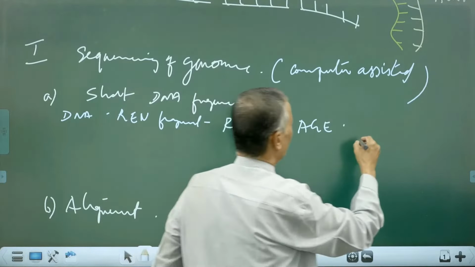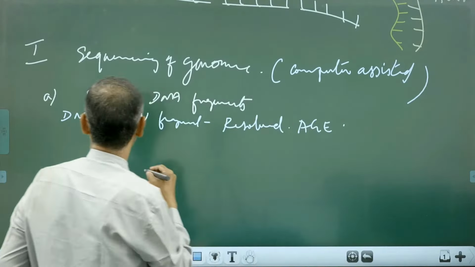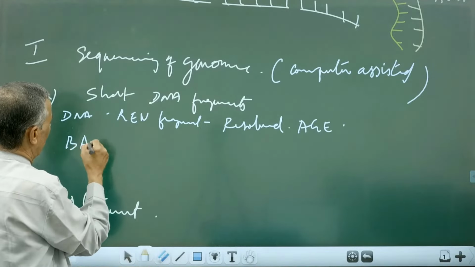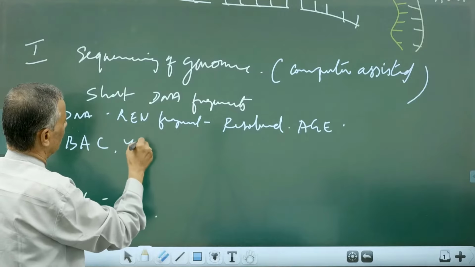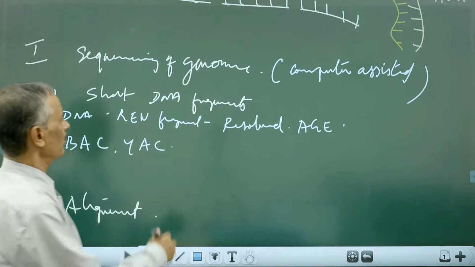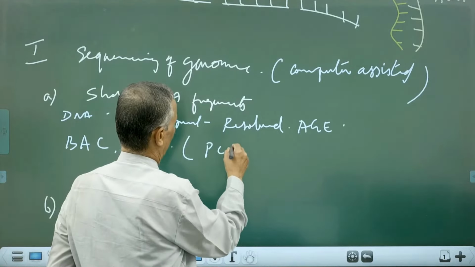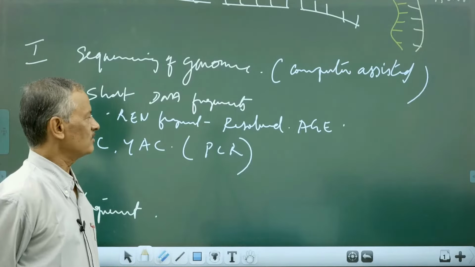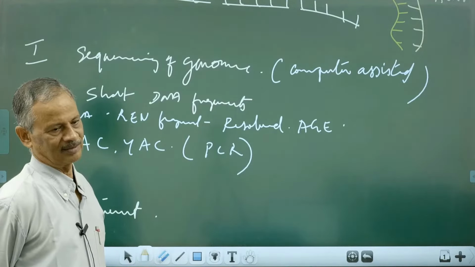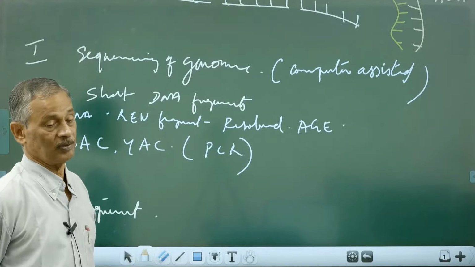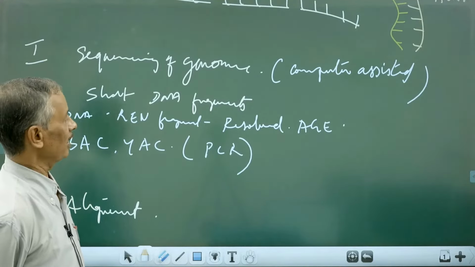Then we gave it to artificial vectors like BAC, bacterial artificial chromosome, and YAC, yeast artificial chromosome. Later on, when we invented PCR, we abandoned this cloning and instead we used PCR, so that very conveniently you can get a large number of copies of our DNA segments.